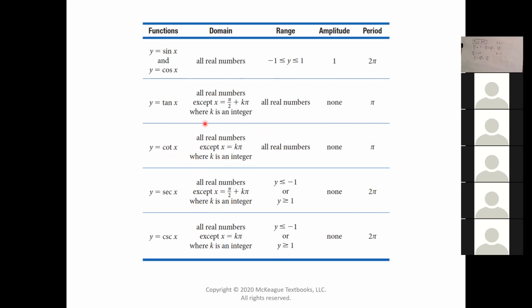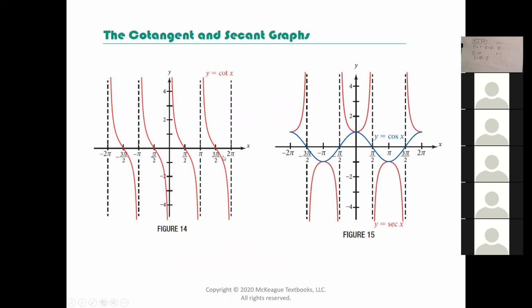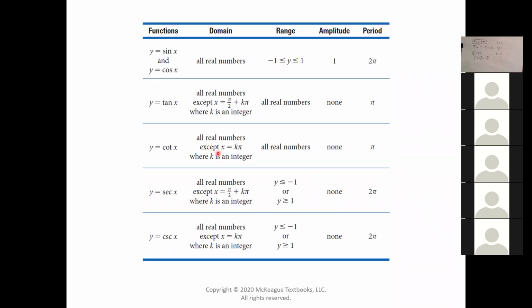Notice the cotangent function is defined for all real numbers except for multiples of pi, right? Notice the cotangent function is not defined for any multiple of pi. That's being generalized here in this table. The domain of the cotangent function is all real numbers except multiples of pi. The domain of the secant function is all real numbers except what?